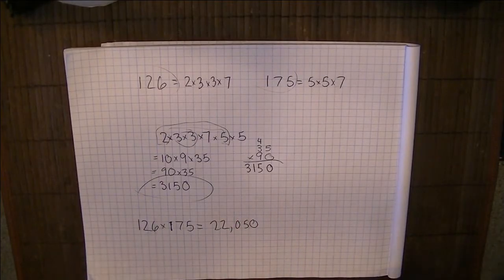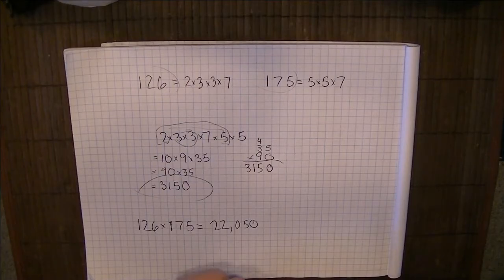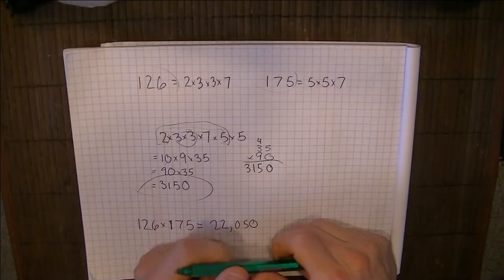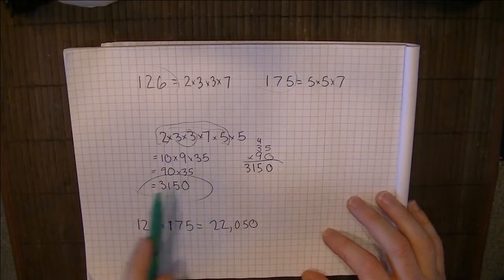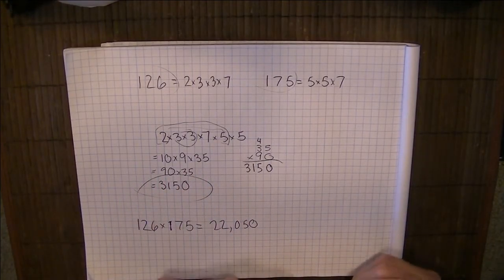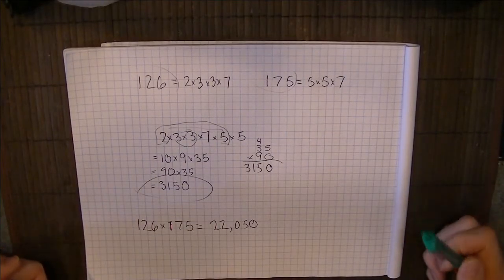So what I'm showing you here is a method that you can use to find the least common multiple, which can be helpful when you're doing work with fractions. Remember fractions? That's the whole point of this lecture. So we're going to get back to fractions in a moment. But yeah, that is common multiples. If you can find common multiples of any sort, then we can do work with fractions using those common multiples.